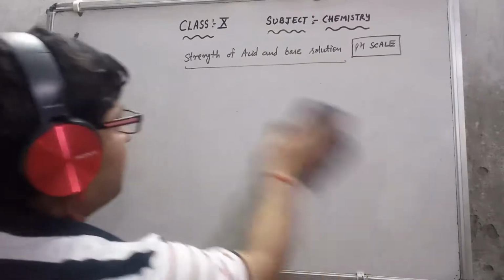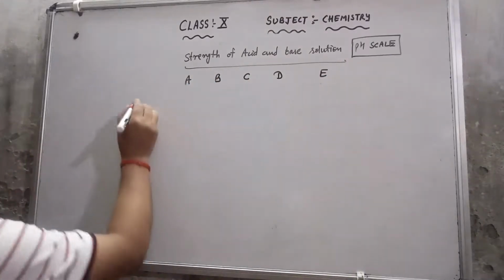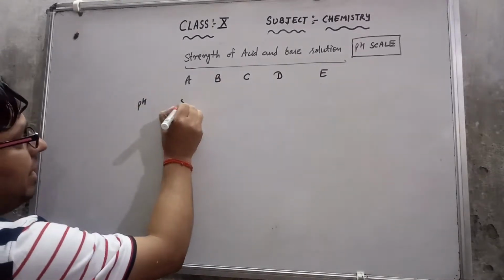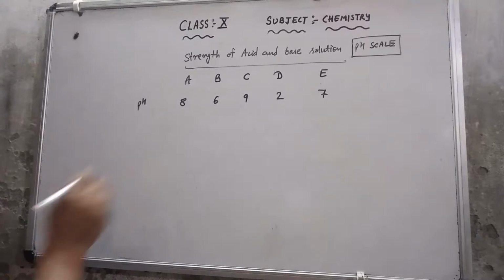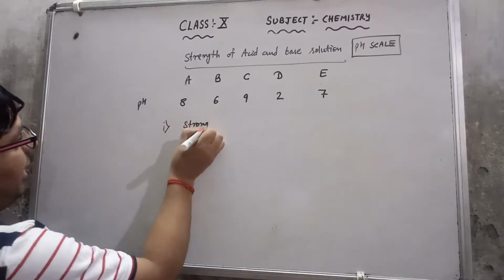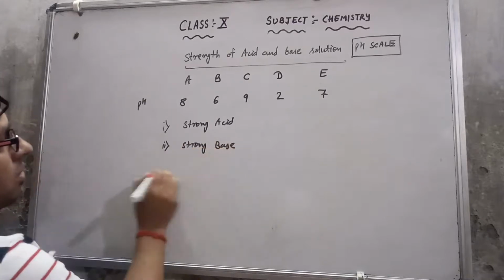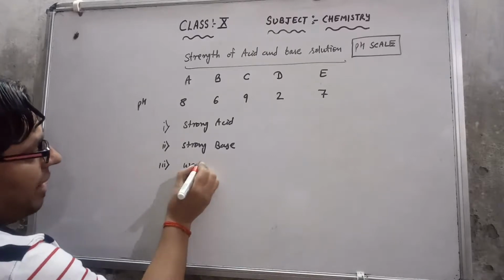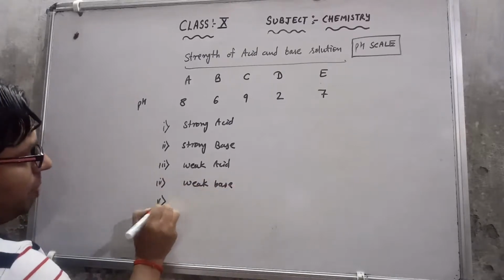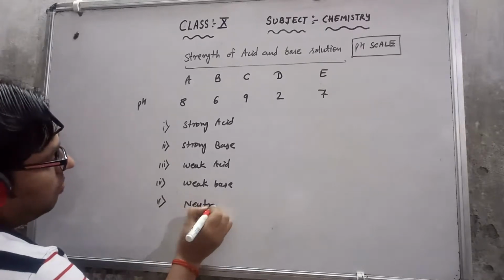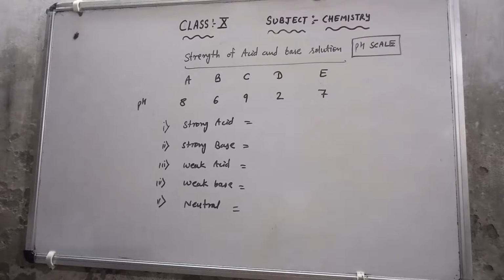Suppose they are giving us 5 solutions: solution A, solution B, solution C, solution D and solution E. The pH values they are giving are 8, 6, 9, 2, 7. Now they are asking which solution is a strong acid, which is a strong base, which one is a weak acid, which one is a weak base and which one is neutral.